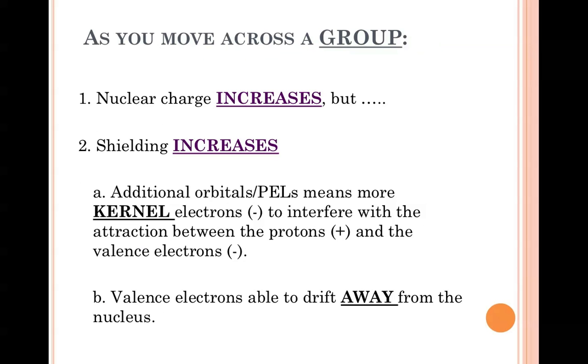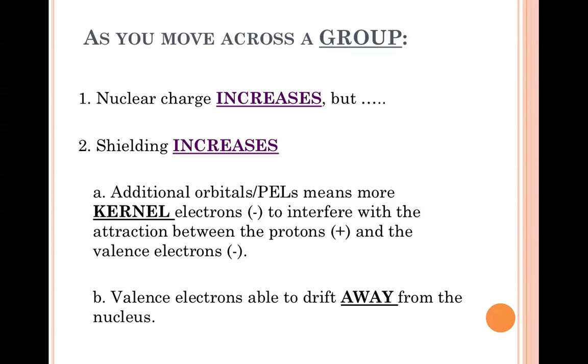So we've talked about moving across a period. Now let's move down a group. Our nuclear charge does increase because our number of protons increases. However, shielding does increase as we move down a group. Additional orbitals and principal energy levels mean more kernel electrons are going to be interfering and blocking the attraction between protons and valence electrons.